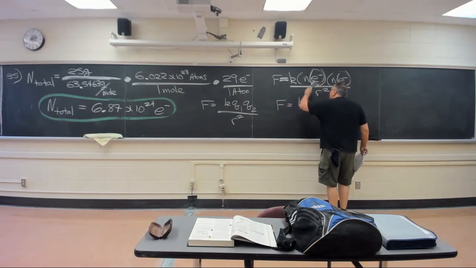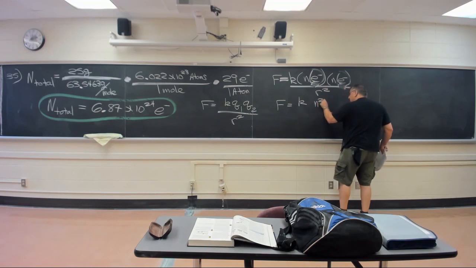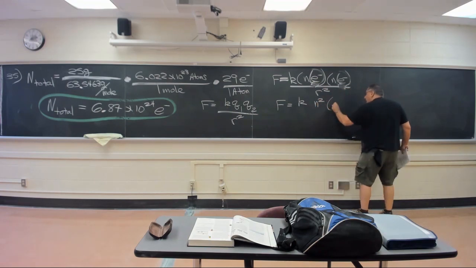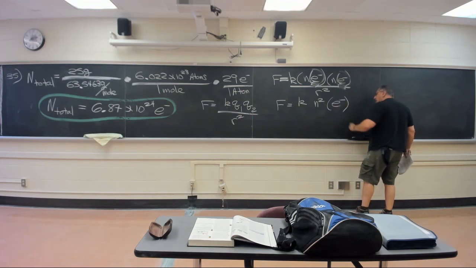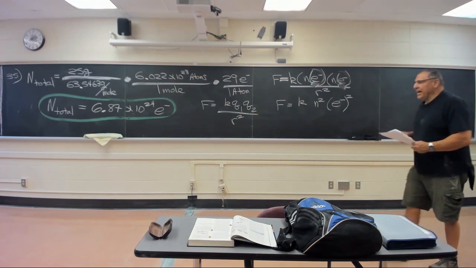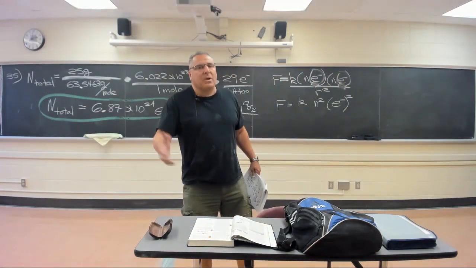K is K, N number gained, N number lost, and N times N is N squared. This one is the charge on the electron. Don't worry about it being negative. The big thing here is it's 1.6 times 10 to the negative 19th coulombs. That's what an electron is.